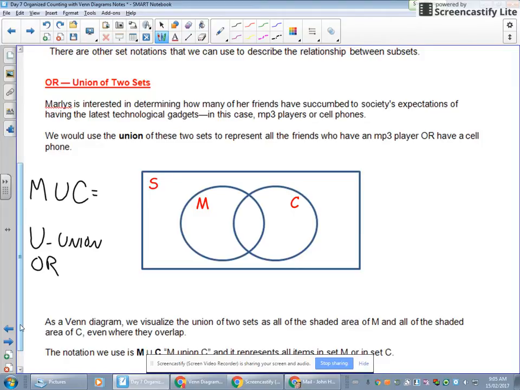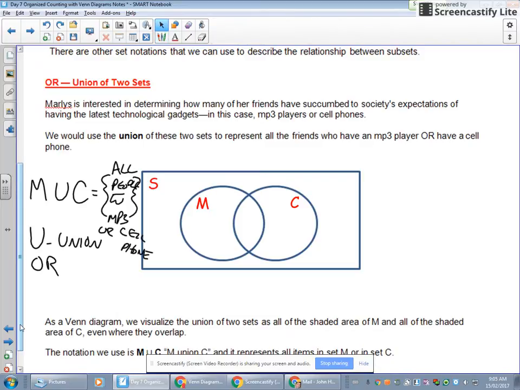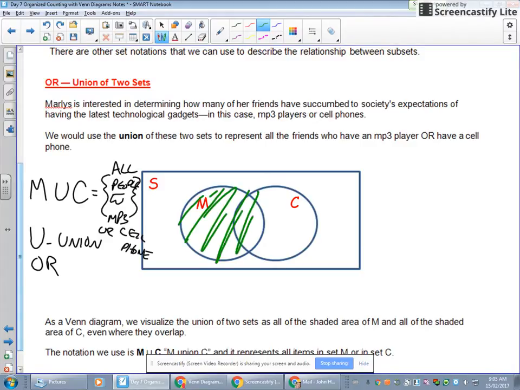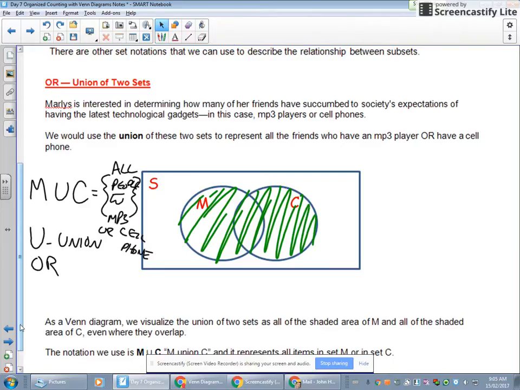So the union of M and C would be all people with MP3 or cell phone. And that would be shown in the diagram as everything inside of M, everything that's intersected with M and C, and everything that's inside of C exclusively. Yeah, so that's the union. Let me write that as M union C.